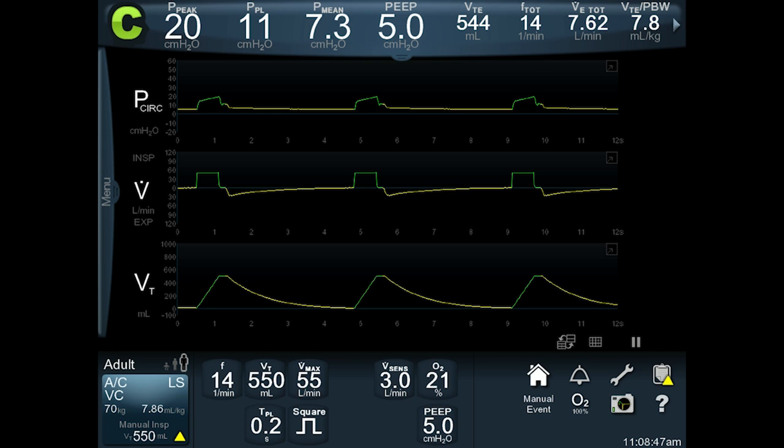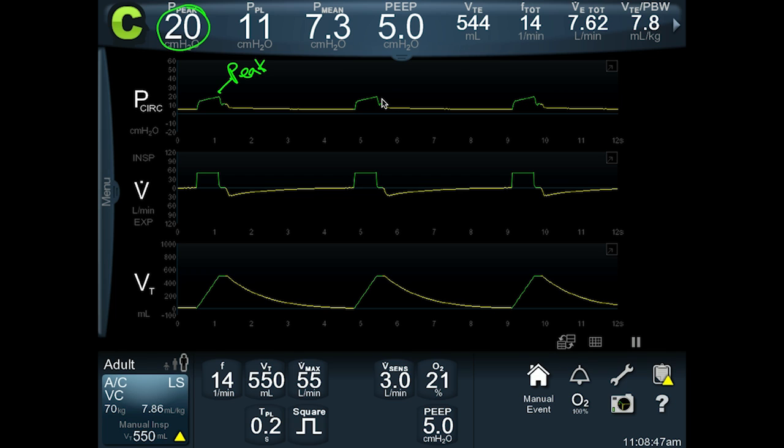When you want to figure out what your peak pressure is, that equates to the peak here of this pressure waveform. And that measurement, it's not something you dial in as a setting on the ventilator, but that measurement is also expressed numerically here in the upper left-hand corner.